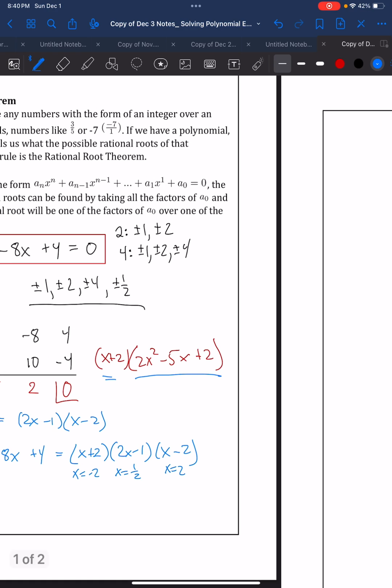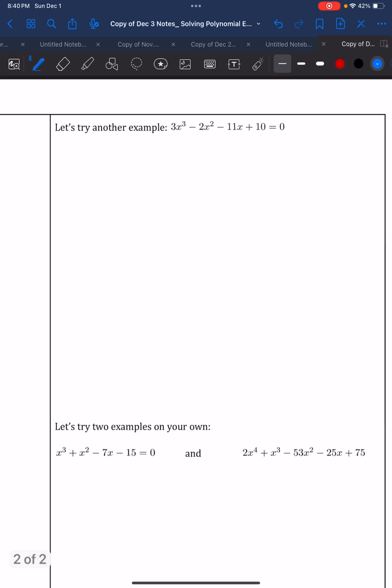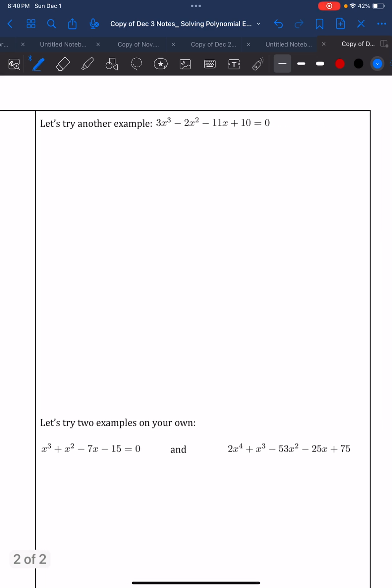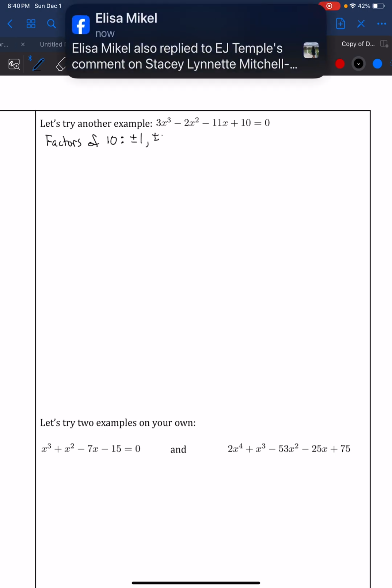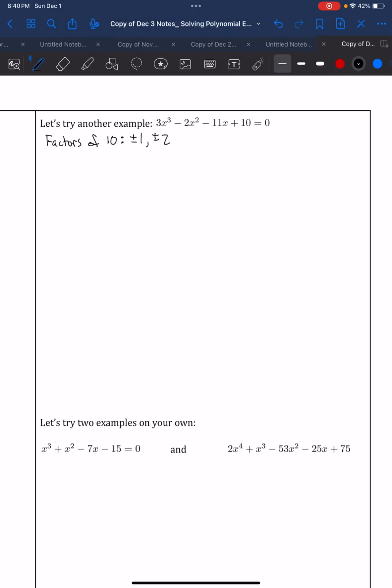So let's try another example. So we get 3x cubed minus 2x squared minus 11x plus 10 is equal to 0. So let's go for the factors of 10, which would be plus or minus 1, plus or minus 2, plus or minus 5, plus or minus 10.